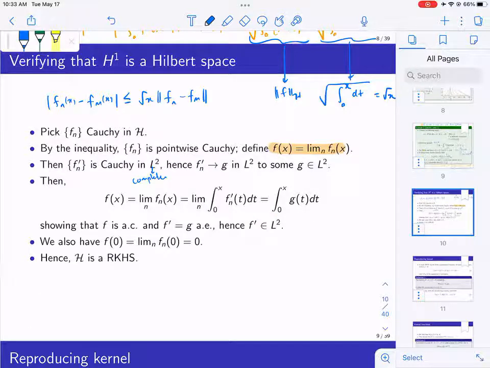This is just basically the inner product of fn and some function, call it h, in L2, right? h is just the indicator of t less than or equal to x. So this is saying this converges to ⟨g, h⟩ in L2.